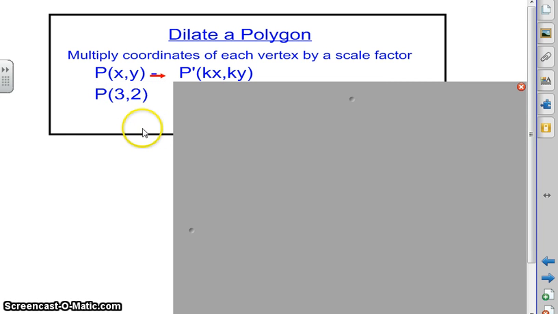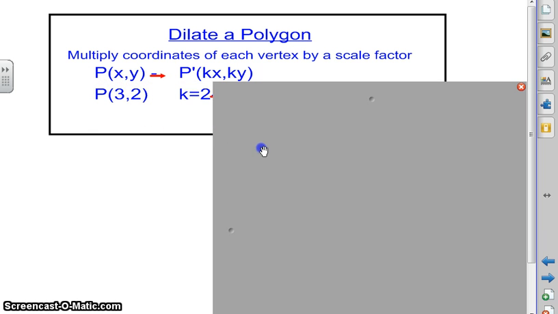Okay? And then just to make sure we understand this, let's try this with a real number. A real point. If point P is at this location, (3, 2), and we have a scale factor of 2, please tell me where the image ends up. Apply this rule here, and then come back and check your work. Okay, back to our math. Did you find the image of point P?